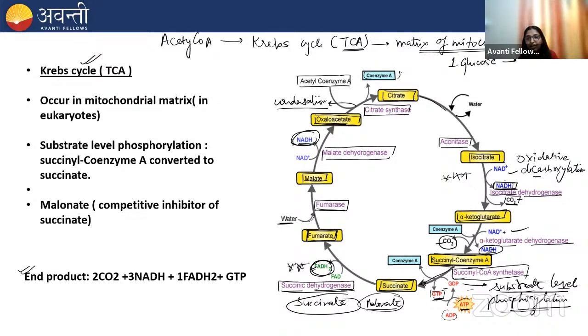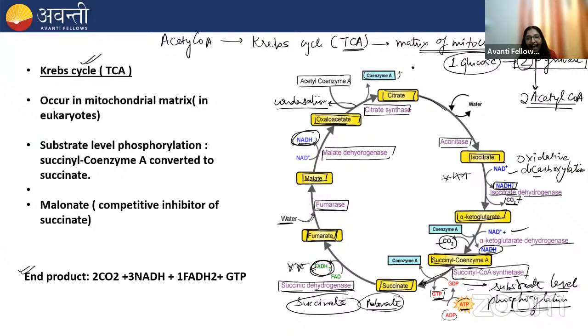Let me write it down. From 1 molecule of glucose, the end product of glycolysis is 2 molecules of pyruvate. Similarly, these 2 molecules of pyruvate will be converted into 2 molecules of acetyl-CoA.